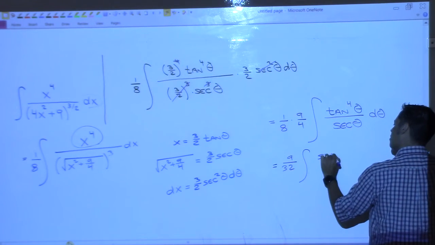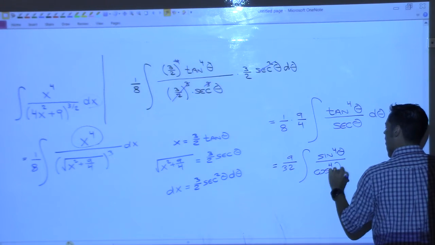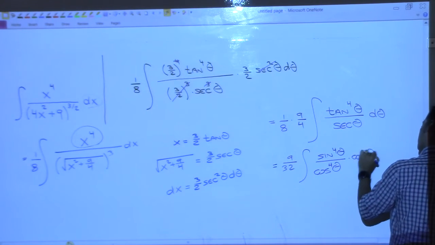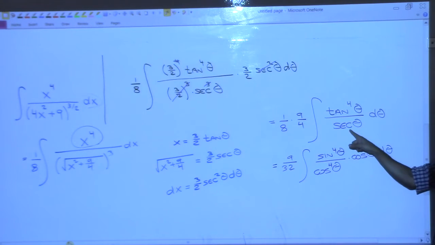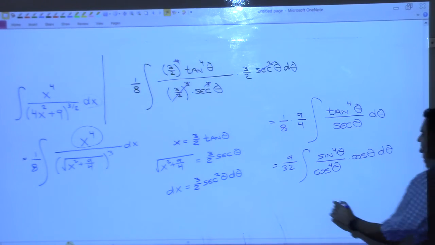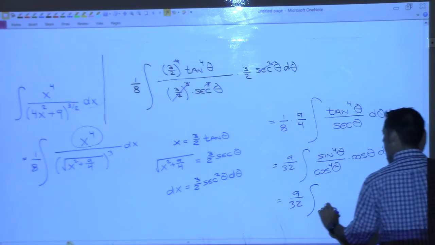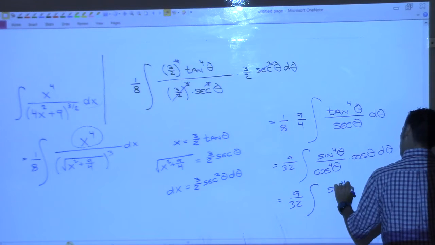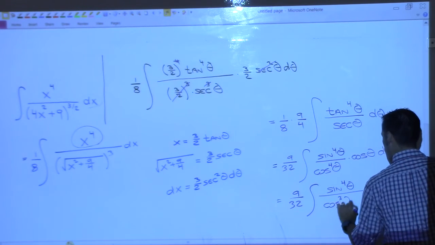We have sine to the 4th theta over cosine to the 4th theta times cosine theta d theta. So tangent to the 4th is this. Secant on the bottom is a cosine on the top. And then one of the cosines cancel, right? So 9 over 32 integral sine to the 4th theta over cosine cubed theta d theta.